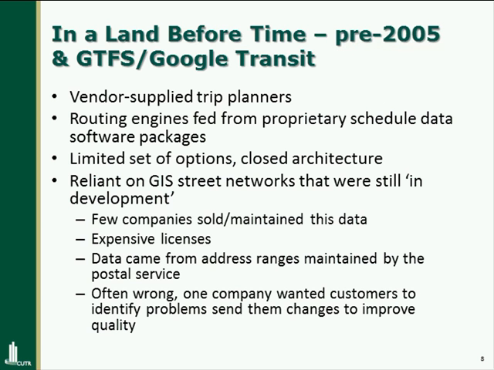Back then, there weren't many companies that sold or maintained this data. It was expensive to license the data. The source of some of the data came from the Postal Service, and often this information was incorrect or needed to be refined, and therefore you had potential for errors when you were getting trip plans returned.